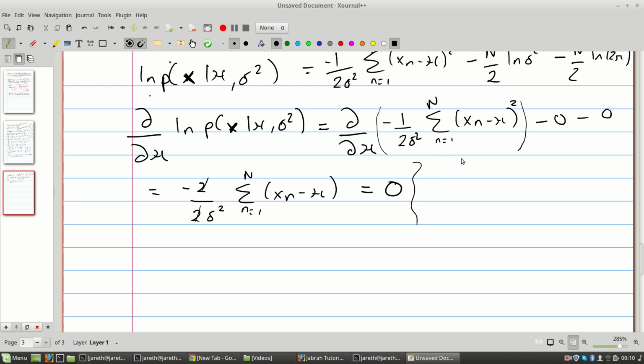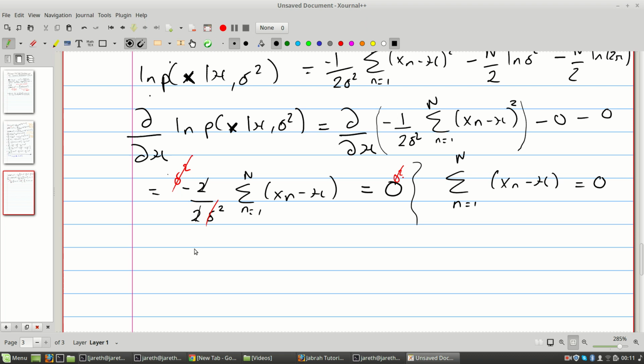That means that the summation from n equals 1 up to N of (xn minus mu) is equal to 0, right? So what happened to this term? We multiply both sides by sigma squared. If we multiply this by sigma squared, it cancels, and multiplied by sigma squared on that side, it's just 0, so should be fine.